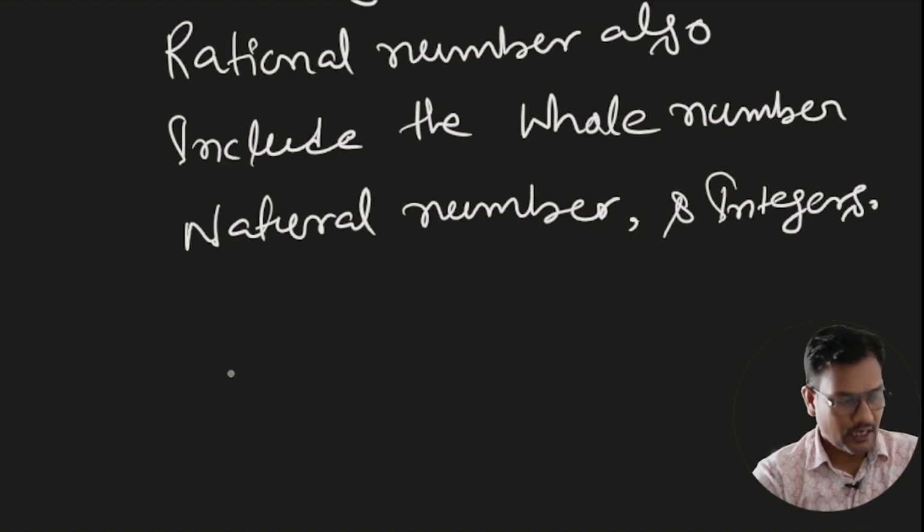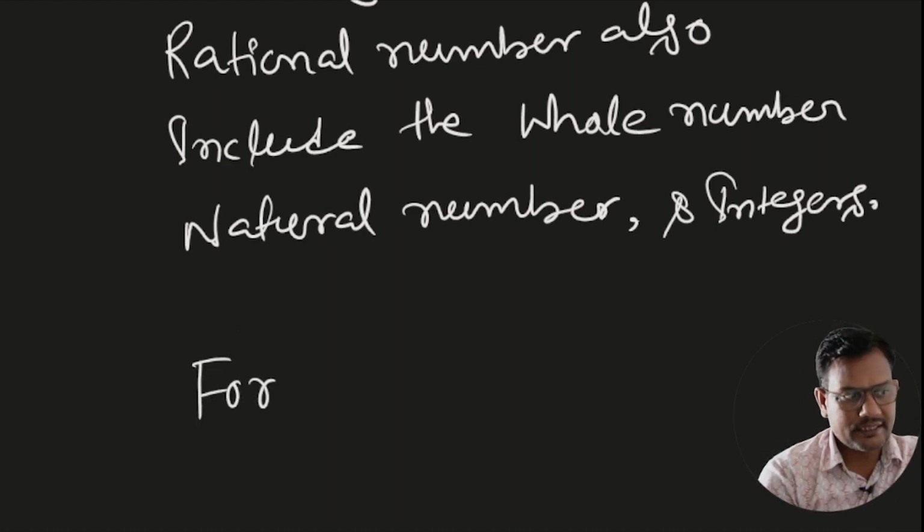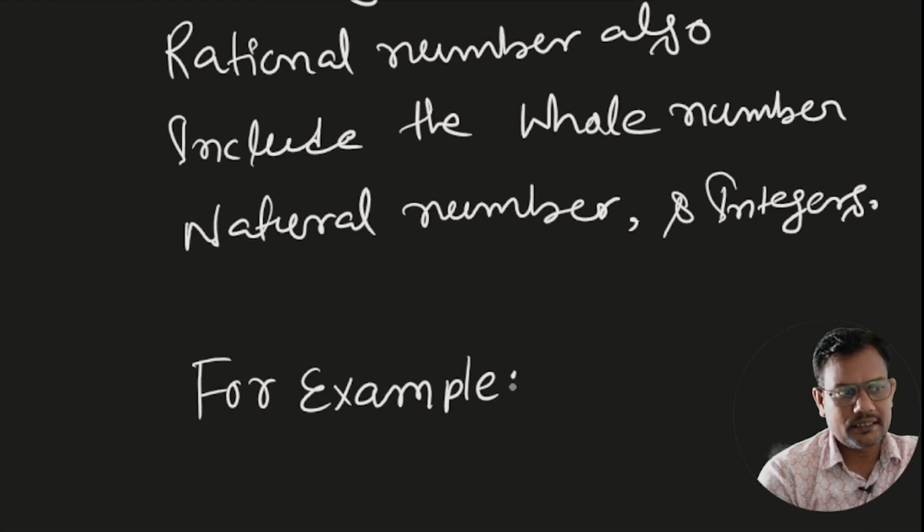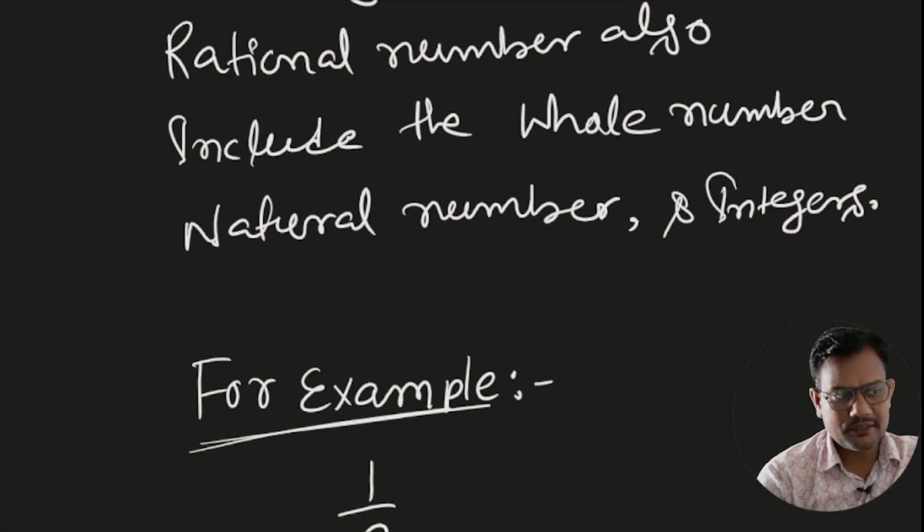See how? I am taking one example to explore more about rational numbers. 1 by 2 is a rational number, right.